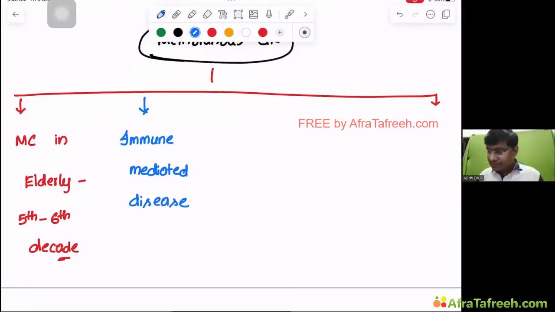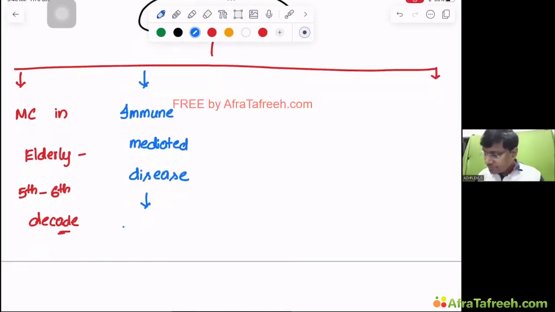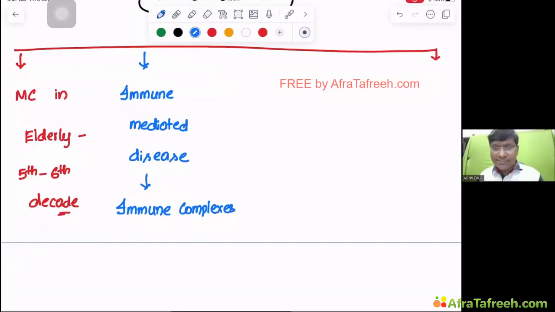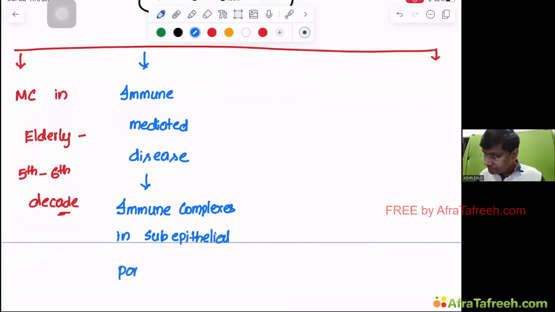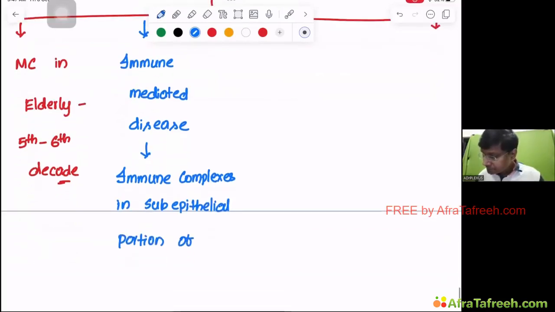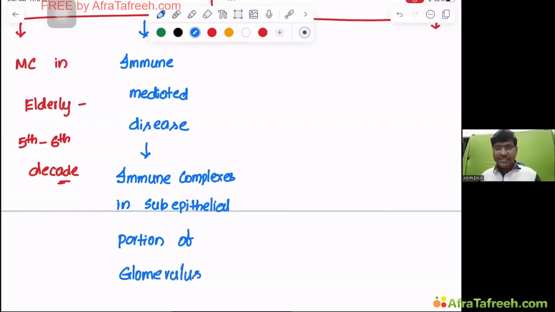It is an immune mediated disease characterized by accumulation of immune complexes in the subepithelial portion of the glomerular capillary walls.